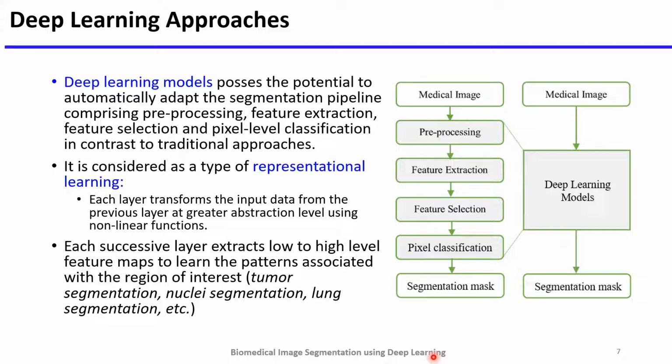Each successive layer extracts low to high level feature maps to learn patterns associated with the region of interest. It doesn't matter which type of disease or image you are dealing with, like tumor segmentation, nuclei segmentation, or lung segmentation.